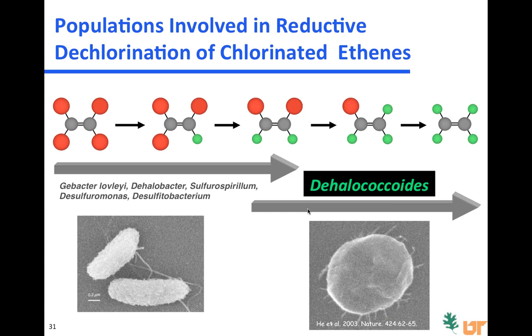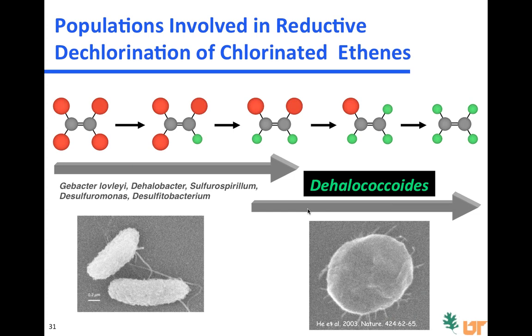A few dedicated microbiologists in different laboratories have found Dehalococcoides, and that's the keystone bacterium responsible for these last two dechlorination steps. I'm going to talk a little bit more about those guys. I want to point out on this slide that the first reductive dechlorination steps, from PCE to TCE to cis-DCE, are actually catalyzed by a number of organisms.